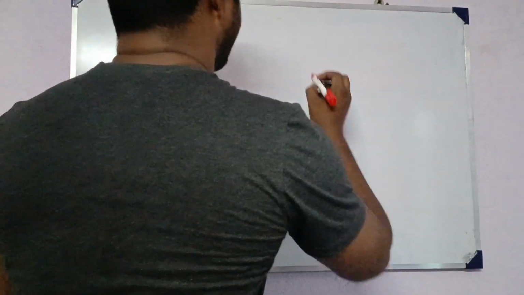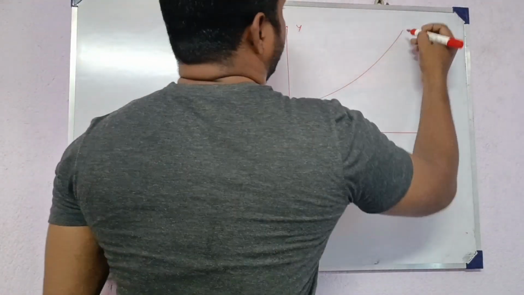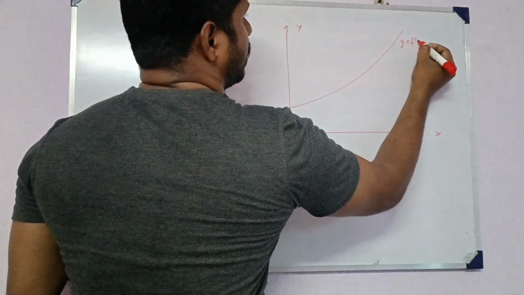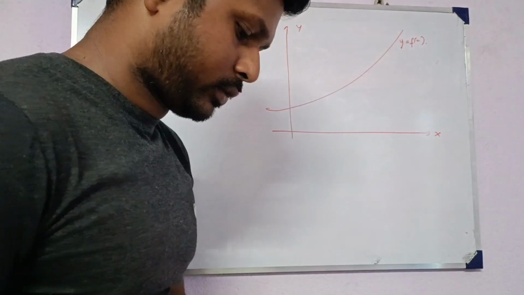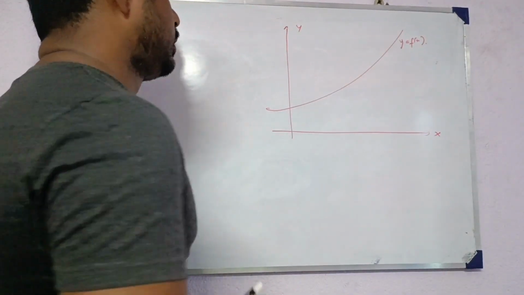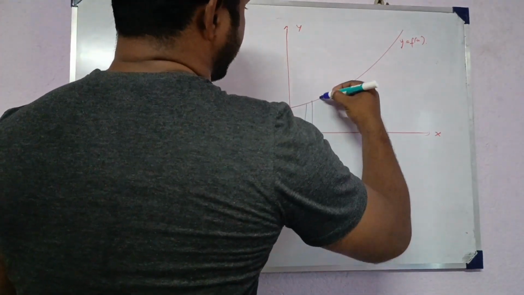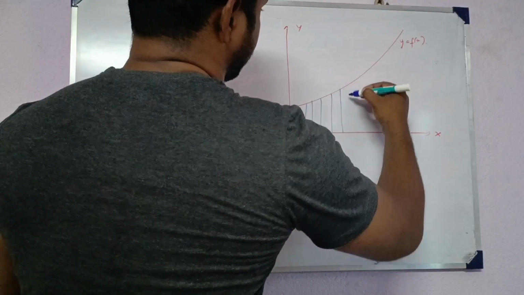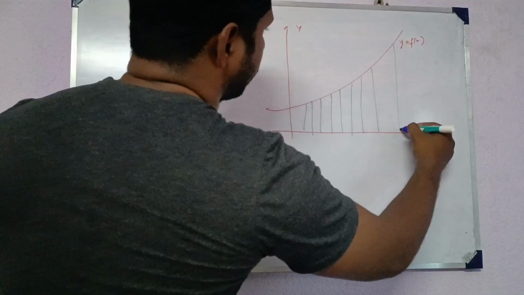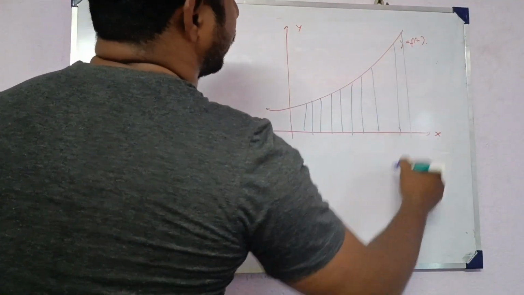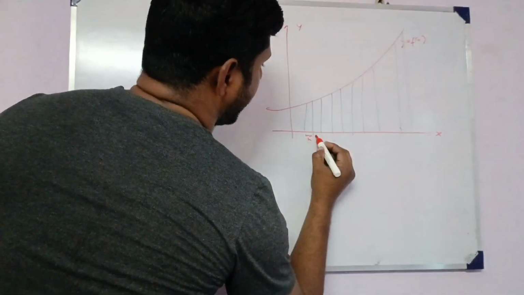So the thing is, let there be a curve y equals f(x). Now in this curve, we are dividing the curve into small strips, and let that gap be h.